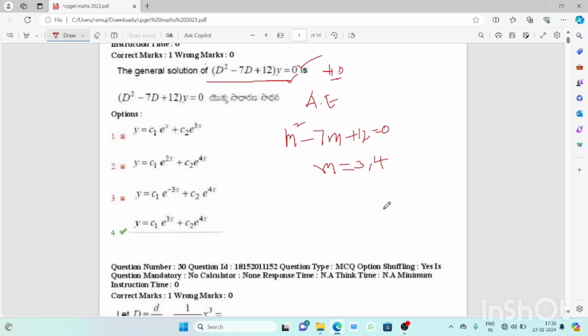So by using the conditions of writing the complementary solution, we get y is equal to c1 e power 3x plus c2 e power 4x. So we get option 4 is the correct option for this answer.